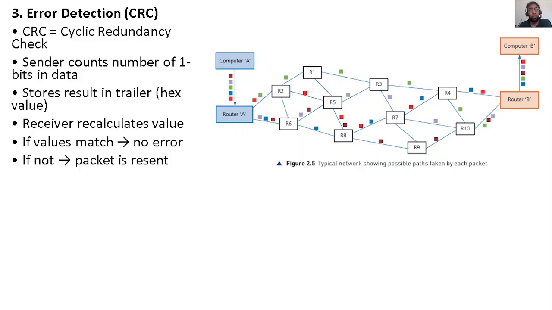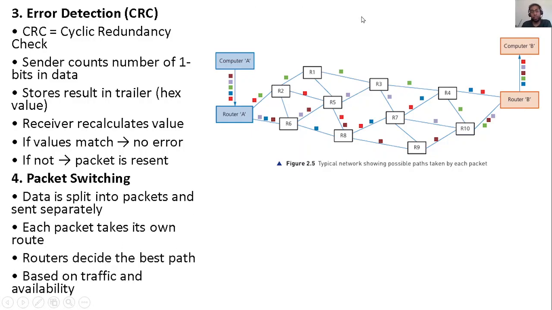First we calculate our CRC, and then we store its result in our trailer. The receiver recalculates the value. The receiver recounts the values of the actual data in bits, and if the count is the same, then obviously there is no error. If the count is different, then there is an error.